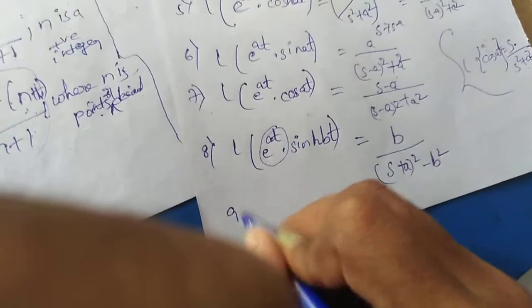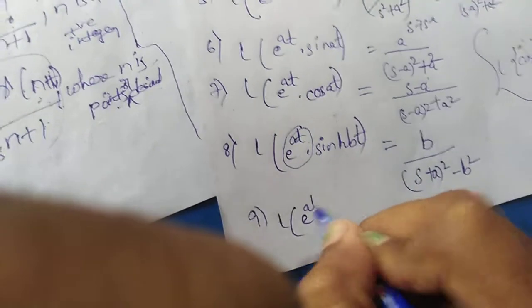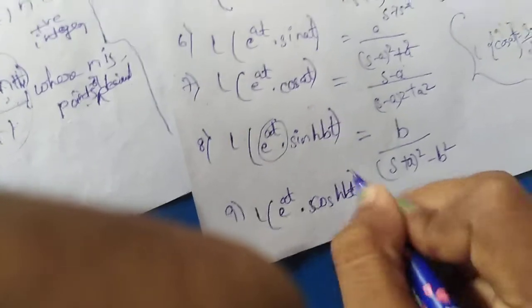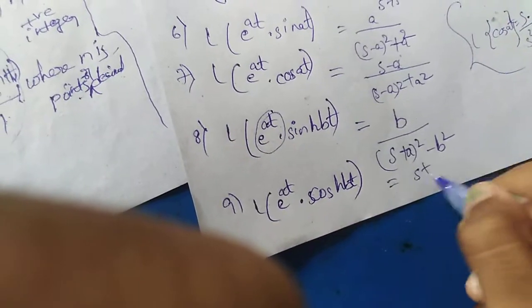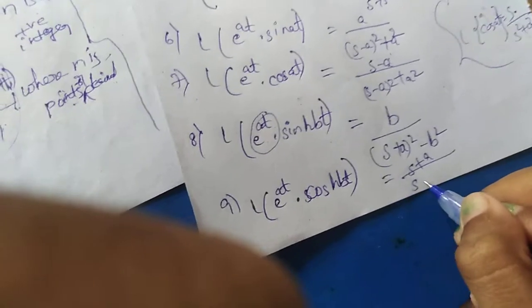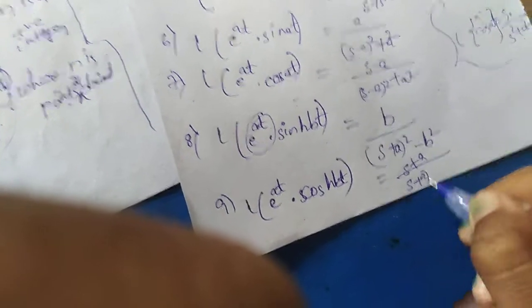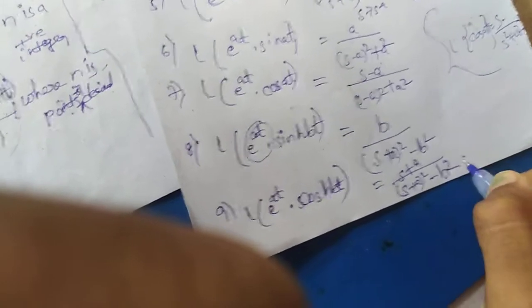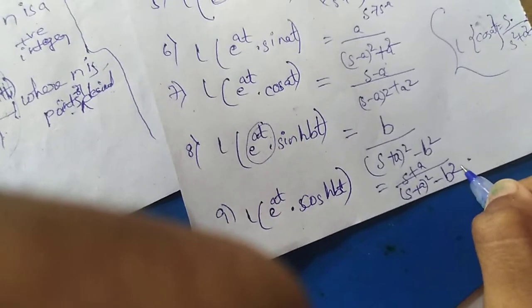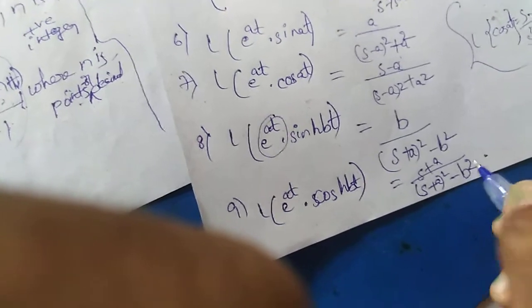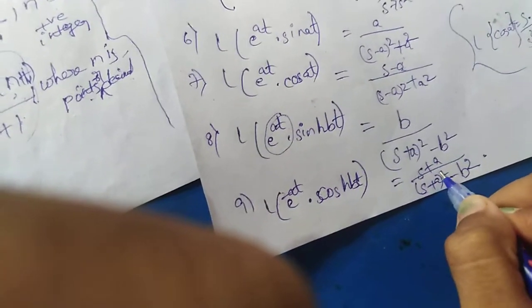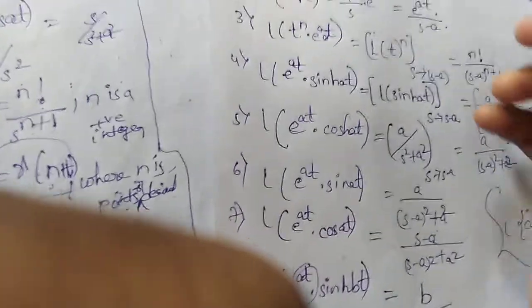In the place of cos, L of e power at into cosh bt will also be the same: s minus a by s minus a whole square minus b square. In the case of e power minus at, you have to use s plus a.